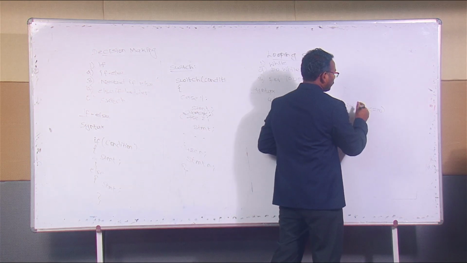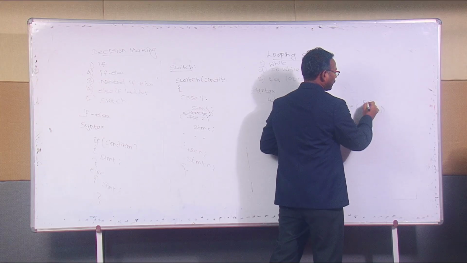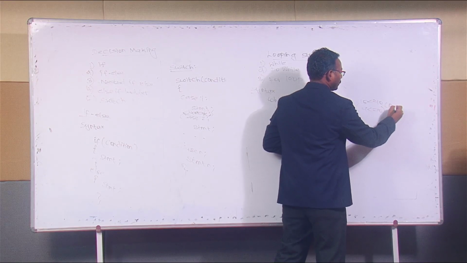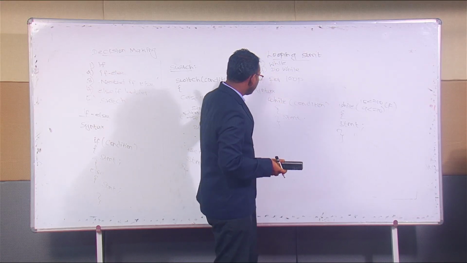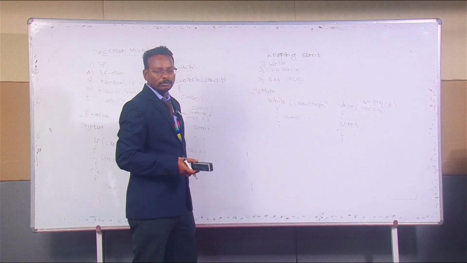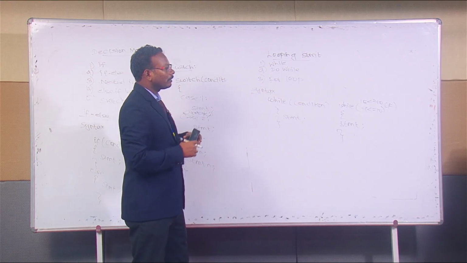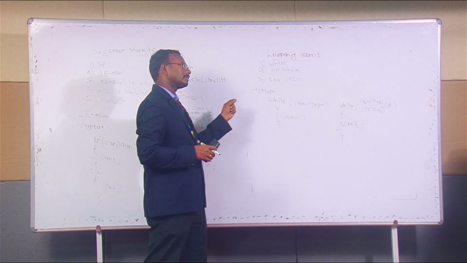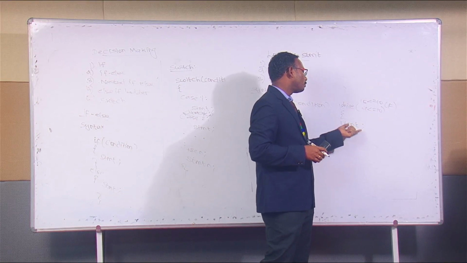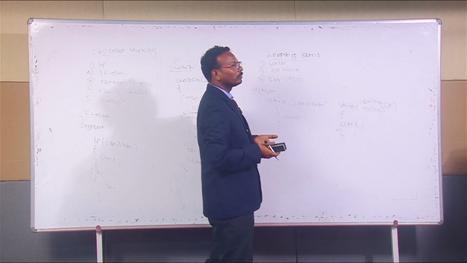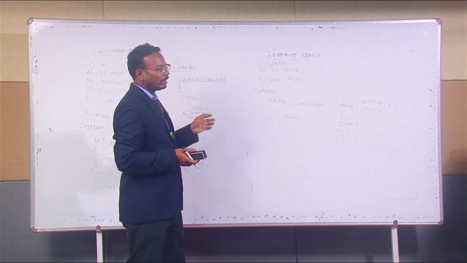If I give a as 15, then the condition is false, and we cannot enter the loop. This is the while loop. Before entering the loop, we need to check the condition. If the condition is true, it goes inside the loop, otherwise it does not enter.